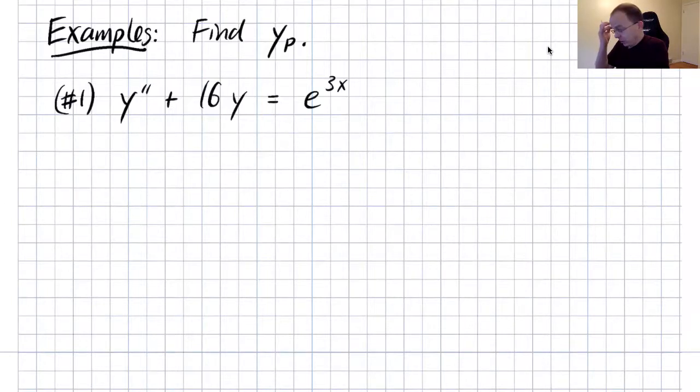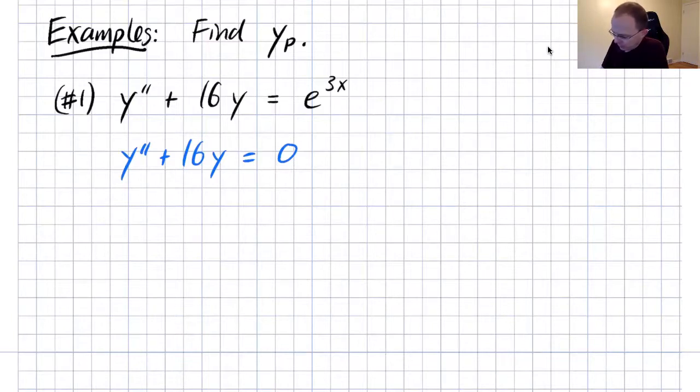Now, the first thing you have to be aware of is, because of the caveat that we need to find functions that are not solutions of the homogeneous equation, the first step is to determine all the solutions of the homogeneous equation. Then we can refer to that and decide if something satisfies the homogeneous equation or not.